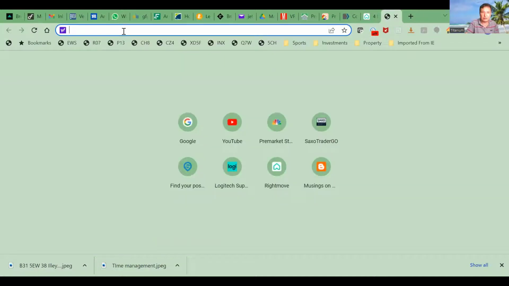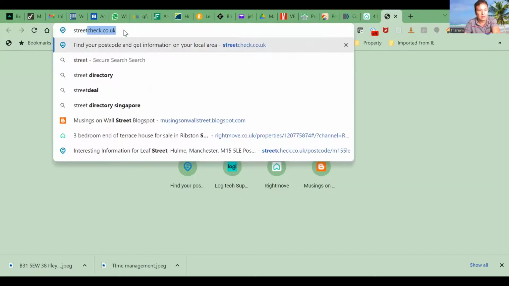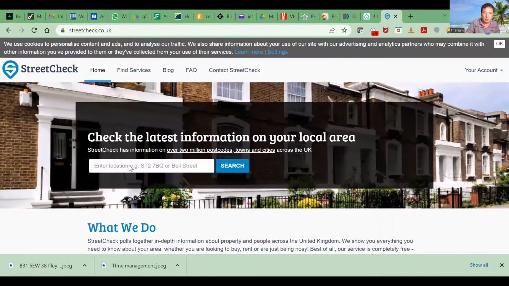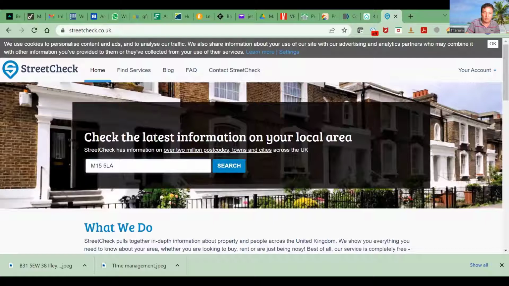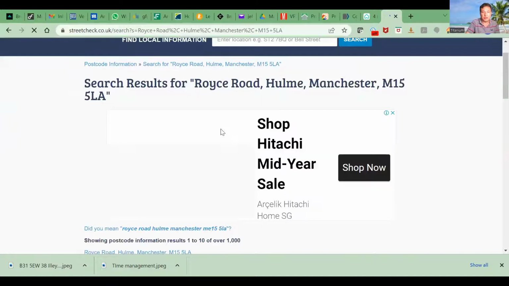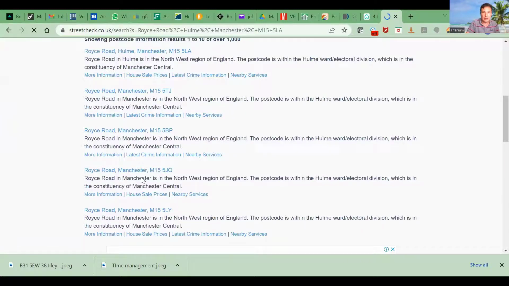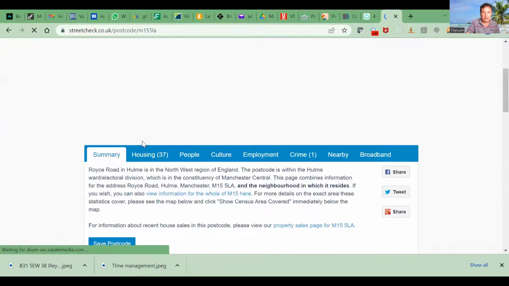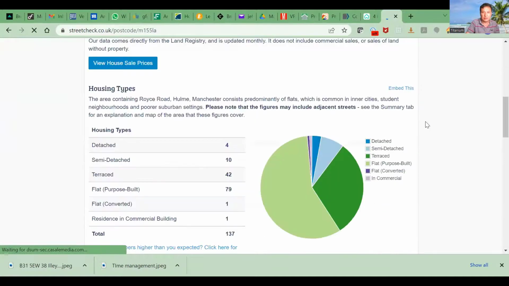M15. All right. So for example, on street check, you can see the type of people by looking at this housing.